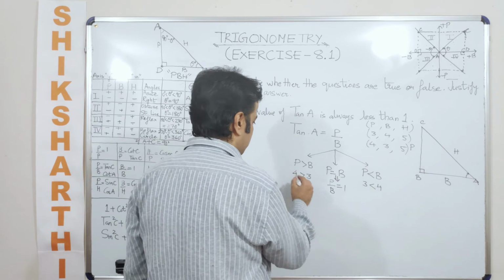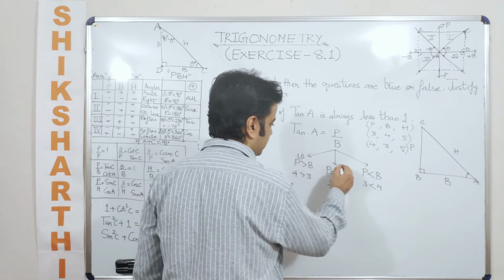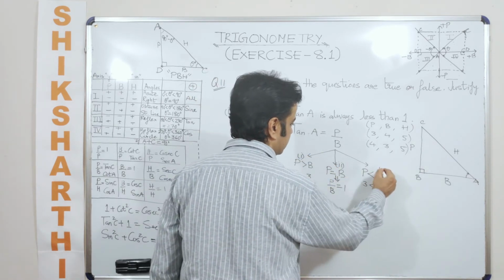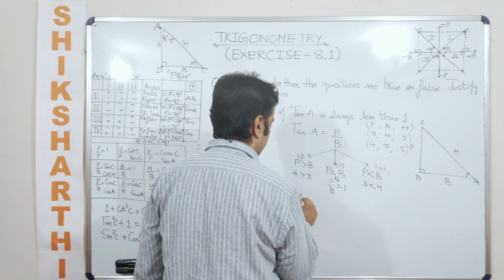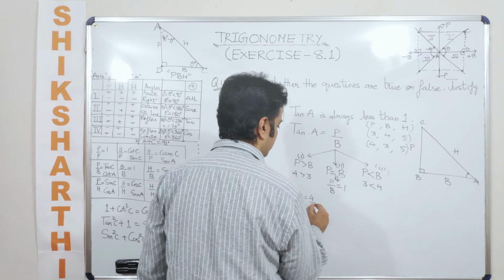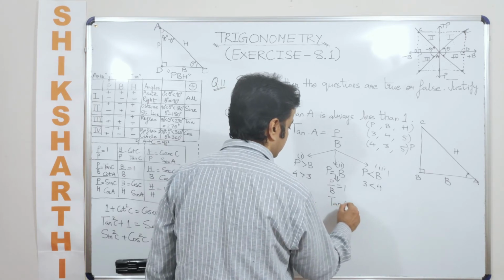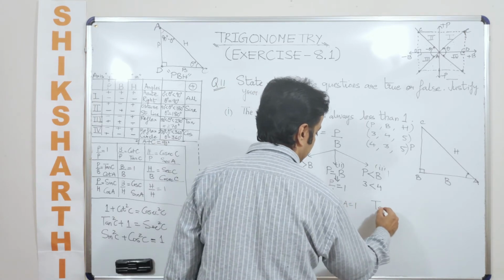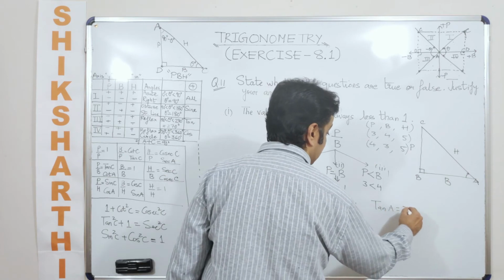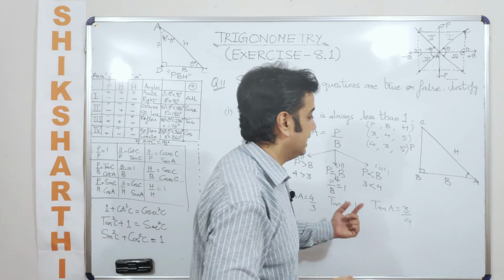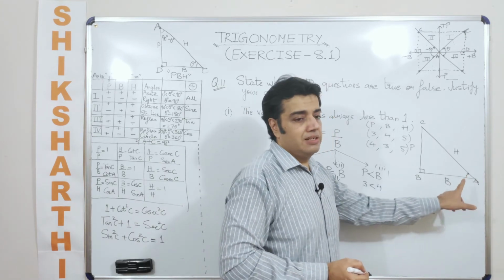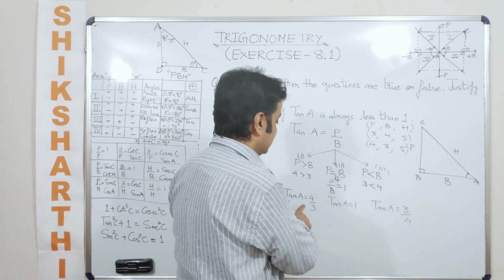Now, in the first case, second case and third case, what is the value of tan A? Tan A is 4 by 3 here, tan A here is 1, and here the value of tan A is 3 by 4. Then we can talk about negative values also, depending on the quadrant in which the angle lies. Here we are talking about an acute angle.